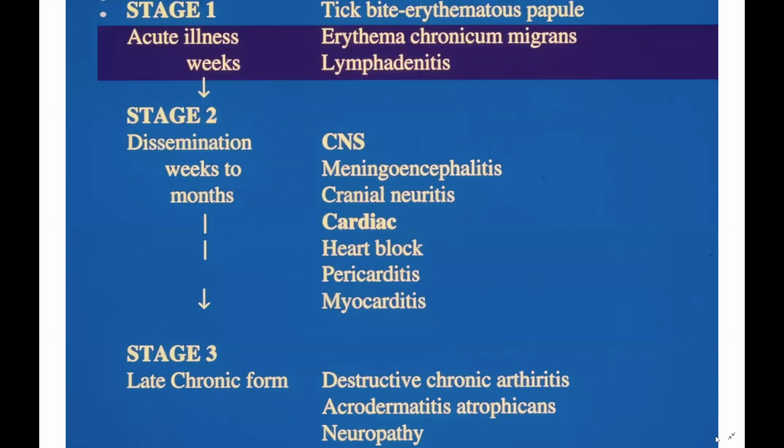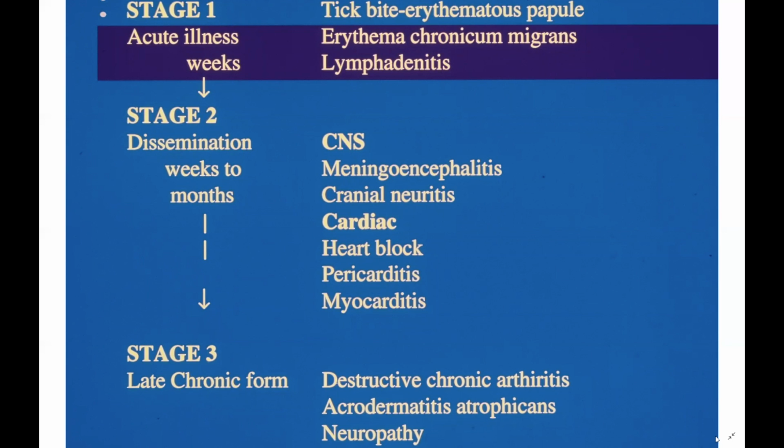And Lyme disease, so called because the first cases were described around the Lyme River in Connecticut, has an acute, subacute, and chronic phase. In the acute phase, you actually have this spreading area of inflammation. Stage 2 disseminates and can cause meningoencephalitis, cranial neuritis, heart block, and pericarditis.